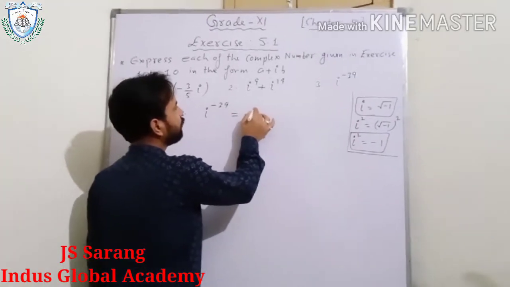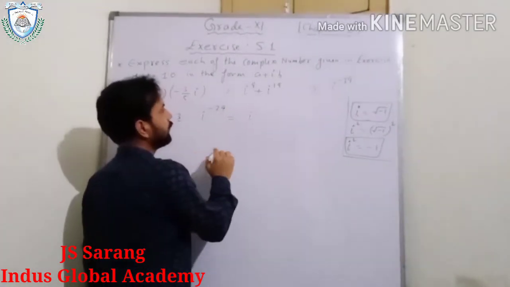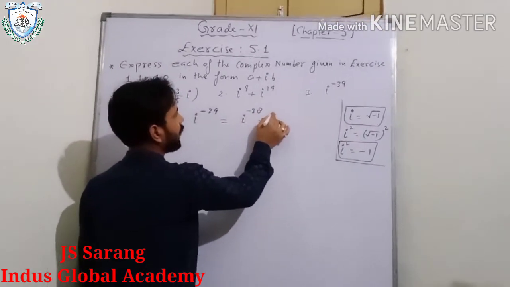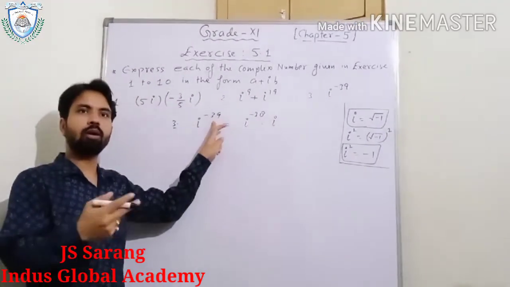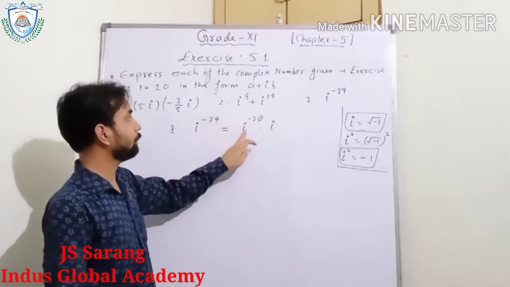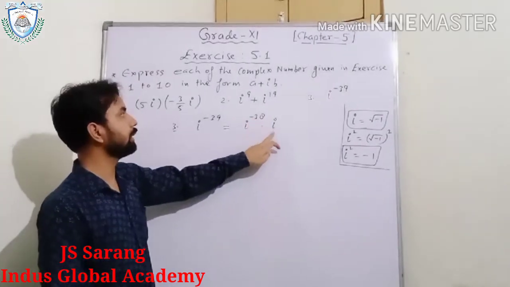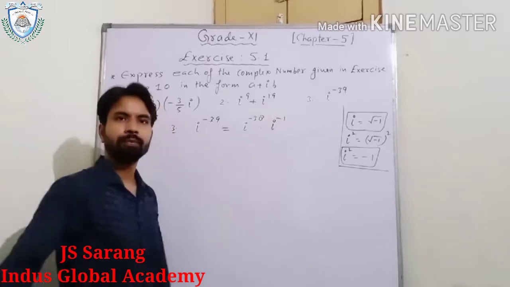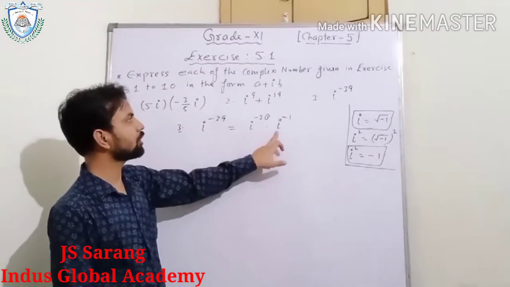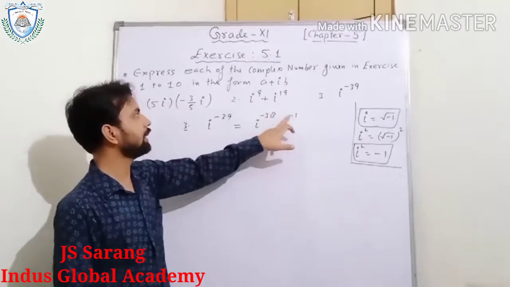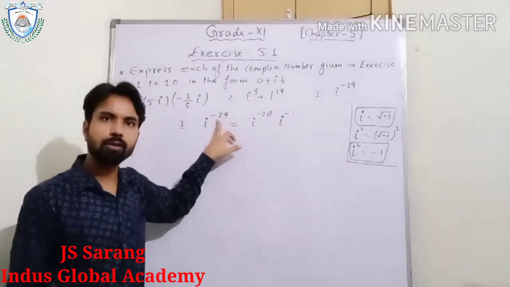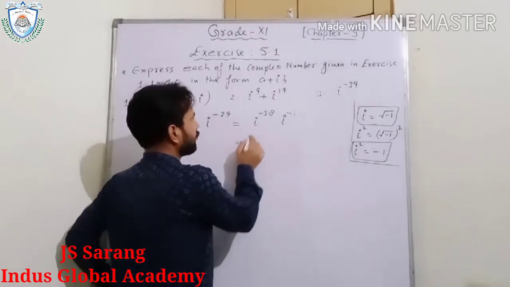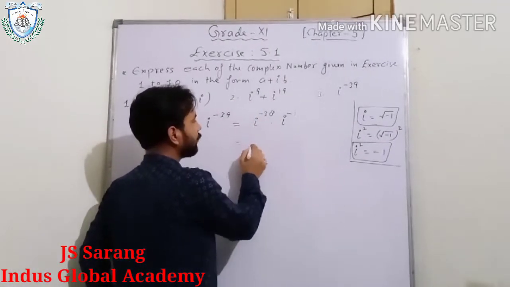Beta, i to the power minus 39 can be written as i to the power minus 38 into i to the power minus 1, because 39 is an odd number. Understood? In multiplication, powers will be added. Minus 38 and minus 1 gives you minus 39. Got it? Okay. Now see, this can be written as i to the power minus 38.